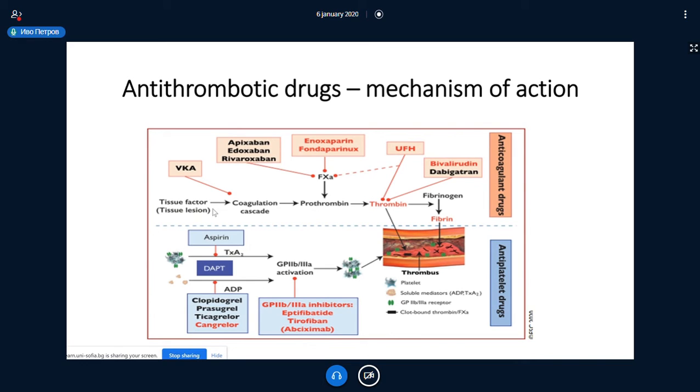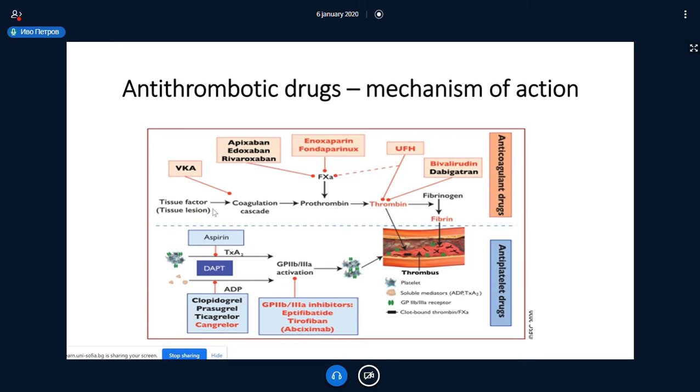And in order to improve the prognosis of the patient, we have to prevent thrombosis. In order to prevent thrombosis, we have in the armamentarium antiplatelets and anticoagulants.